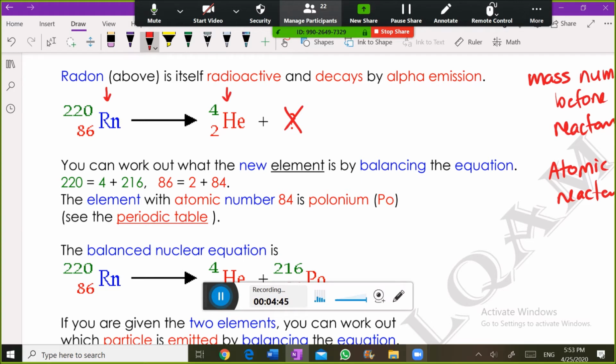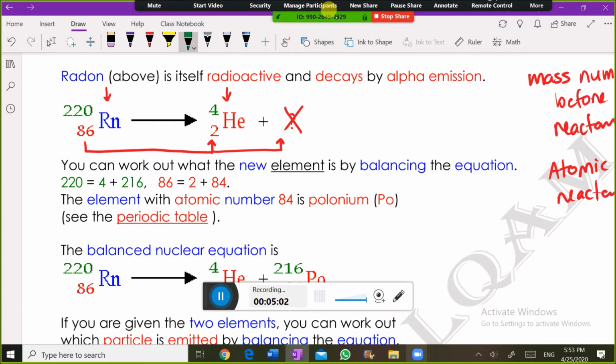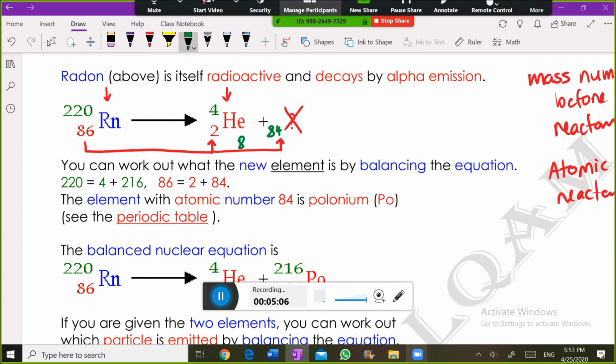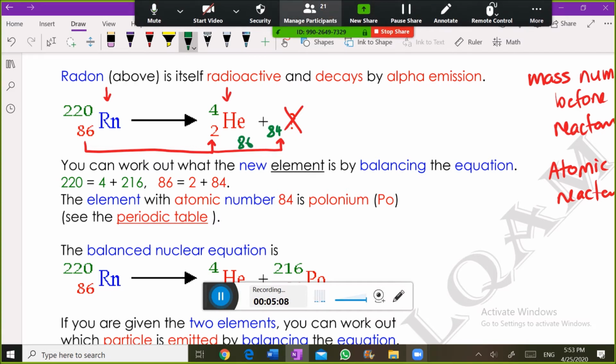So by using the periodic table, I can determine this element. Here, guys, this is 86, so the atomic number after must be 86. If this is 2, this would be 84, right? 84 plus 2 is 86, which is equivalent to 86.